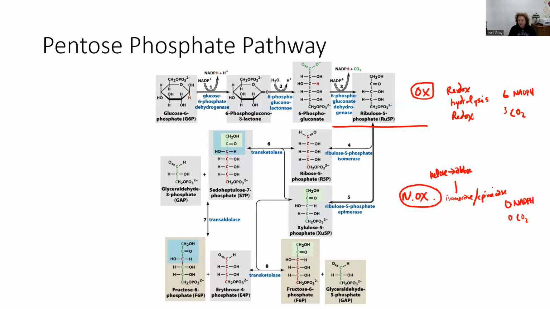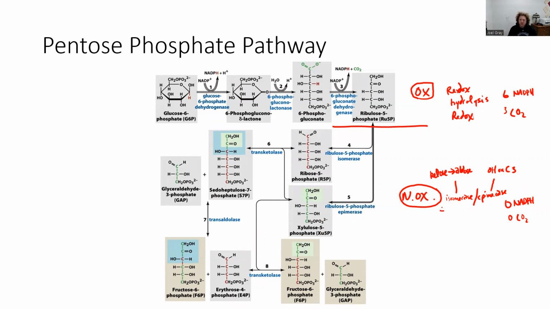Our epimerase is just rotating the OH on C3. Ribulose is a ketose, xylulose is a ketose, and you're simply making a C3 epimer of ribulose 5-phosphate. So that's your first portion of the non-oxidative phase.